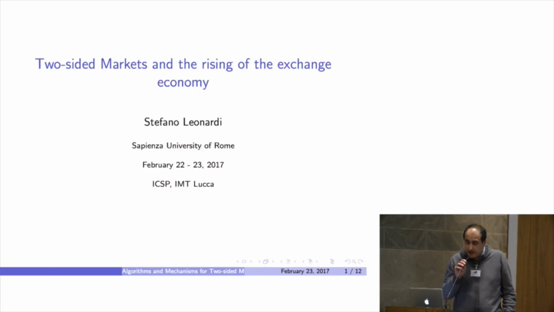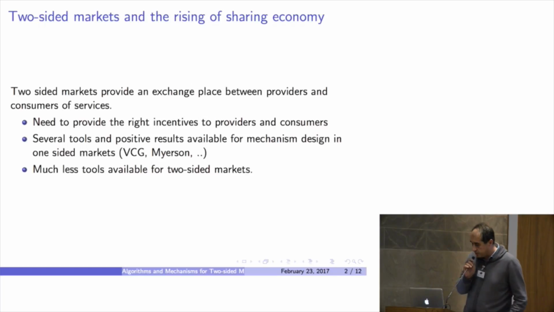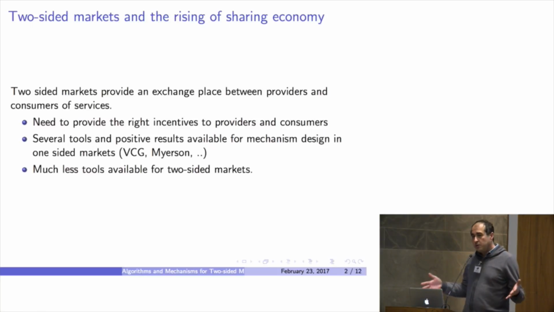Two-sided markets provide an exchange place between providers and consumers of a service. Both act as strategic agents, and then we need to provide the right incentives in order to operate these markets. There are many tools available in economic theory for regulating one-sided markets.